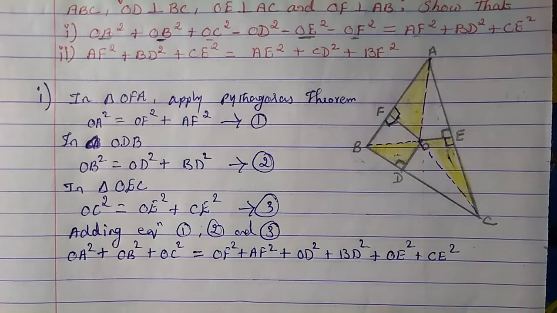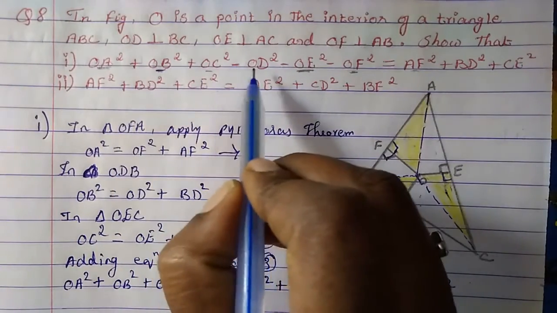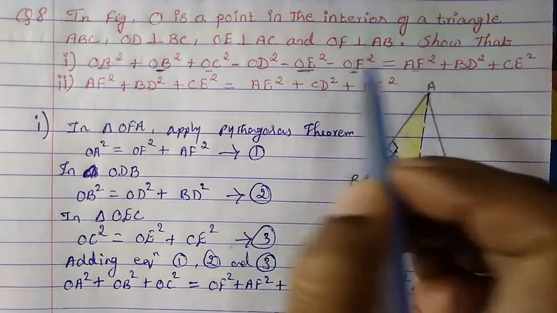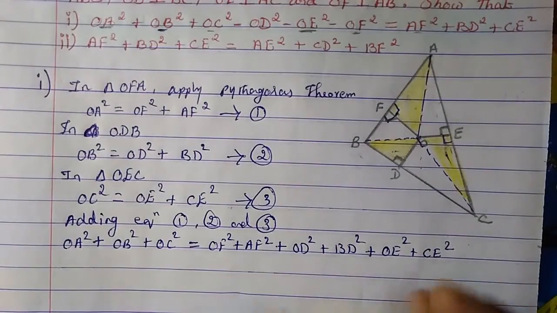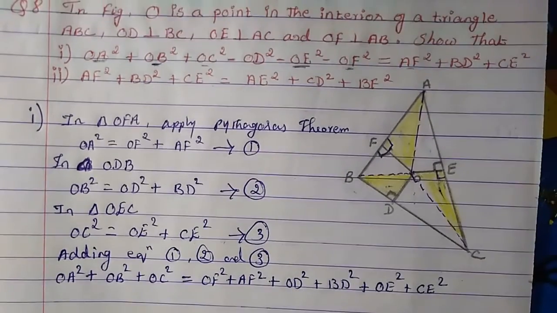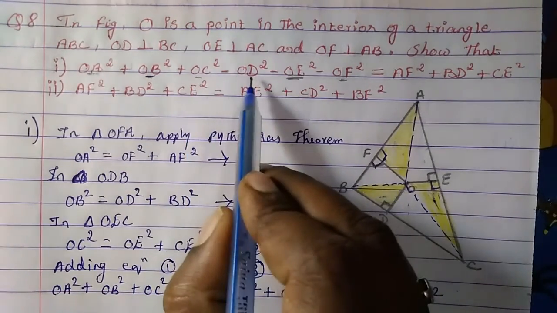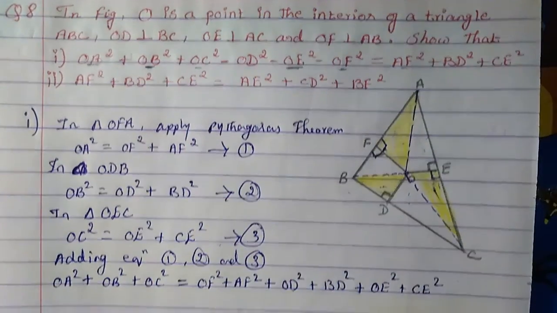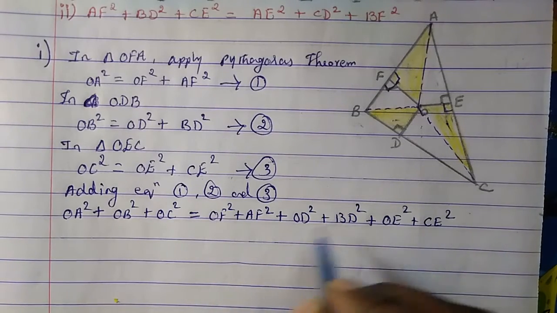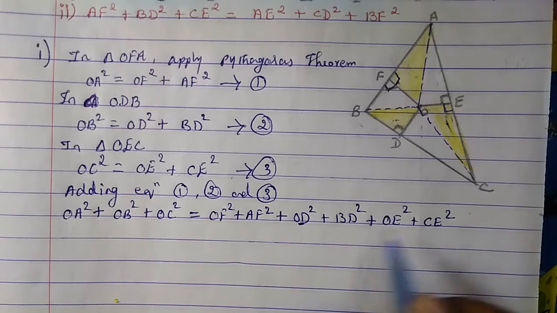Now here all are plus, and we have minus OD, OE and OF. This is minus because if you bring the right side terms to the left side, they become minus. So the things to bring to the left side are OF, OD, OE.